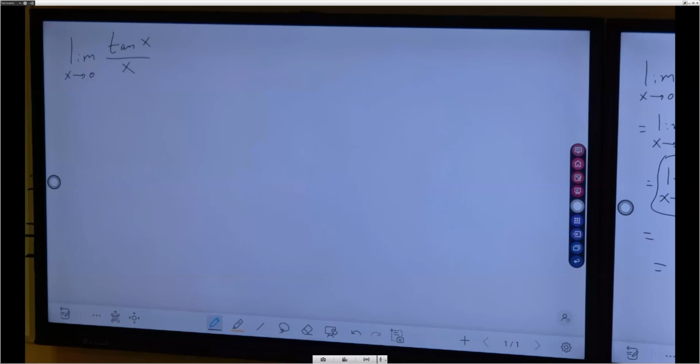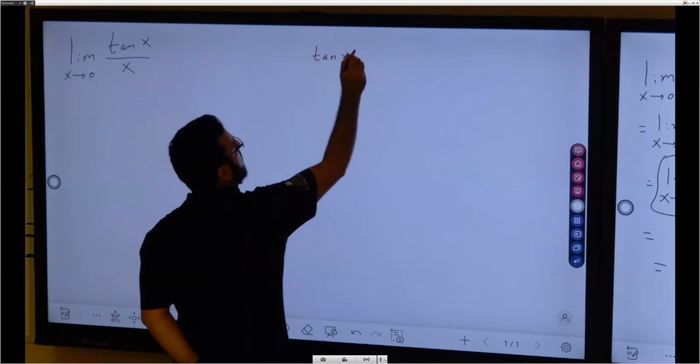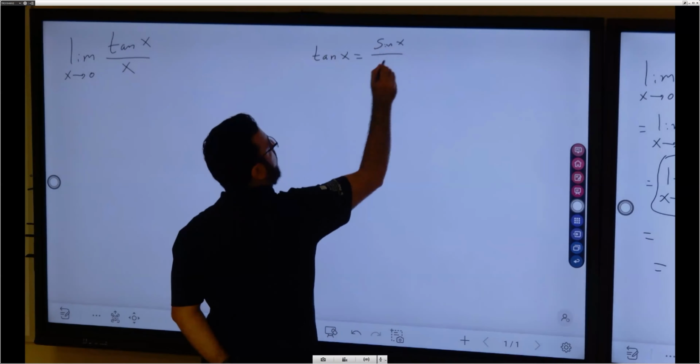We can solve this example. So tangent x is equal to sine x over cosine x. I'm going to do this one here. This is equal to the limit as x approaches 0 of sine x over cosine x, divided by x. What's the next step?